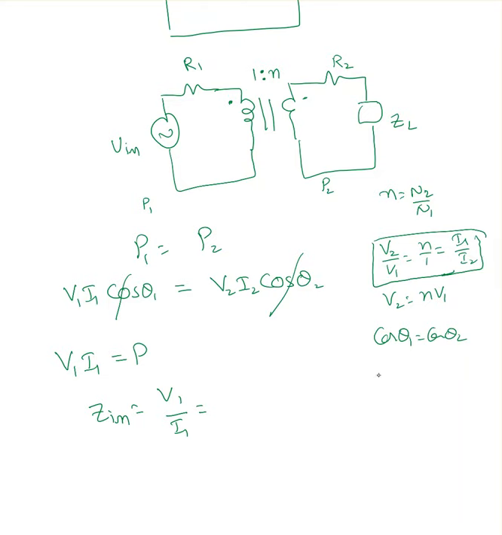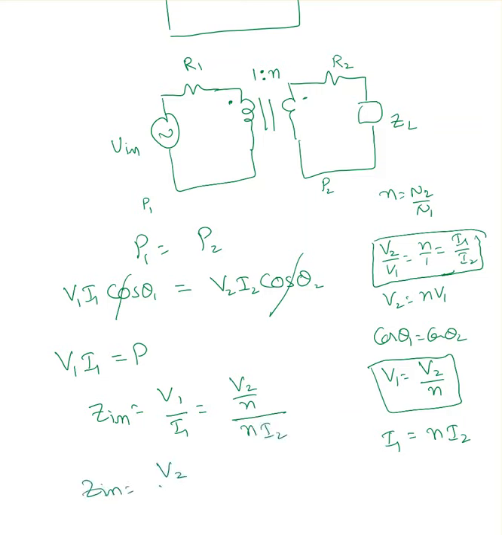So I can write V1 equal to V2 over N, and at the same time I1 equal to N times I2. So when I write it down, V2 over N divided by N times I2. So Zin equals V2 over I2 times 1 over N square.